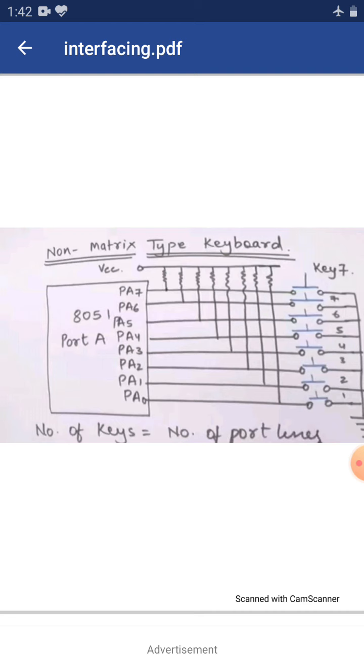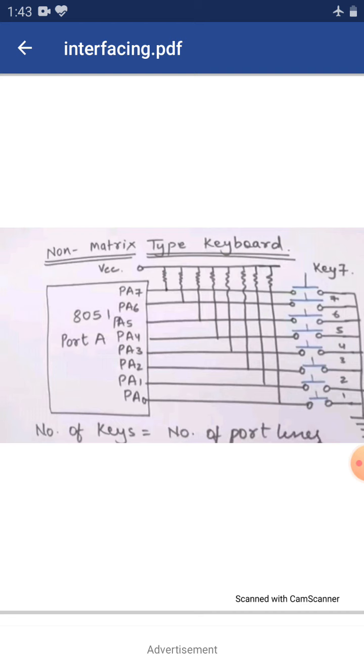The keys are shown here, numbered 1 2 3 4 5 6 7 and 8, so 8 input keys can be pressed. When these keys are not pressed, all the port lines from A0 to A7 are connected to VCC, which means they are at logic 1. These are all connected through resistors of about 4.7 kilo ohm.